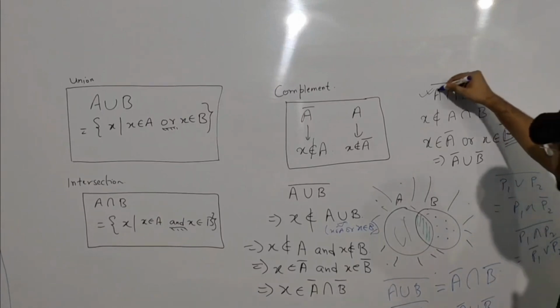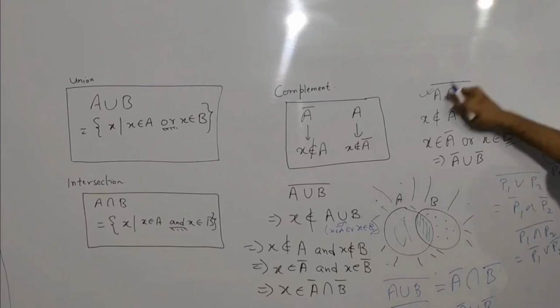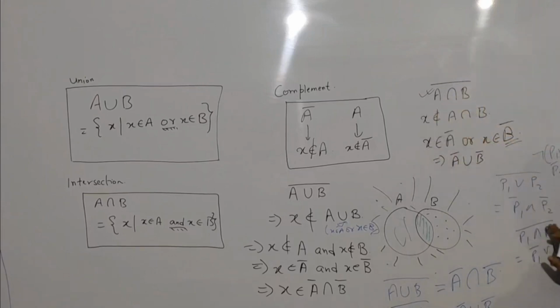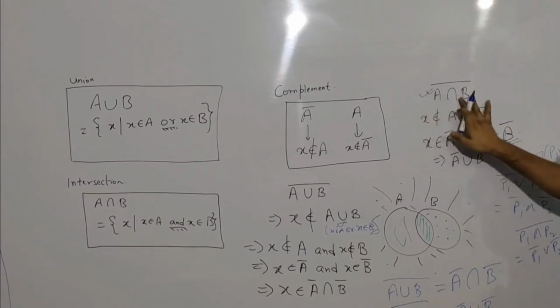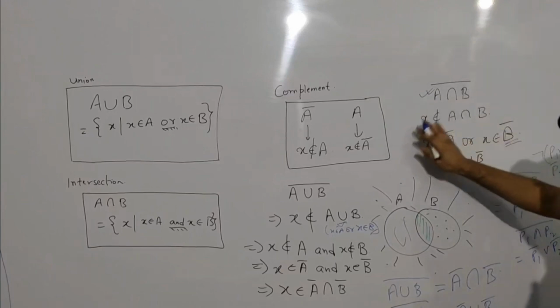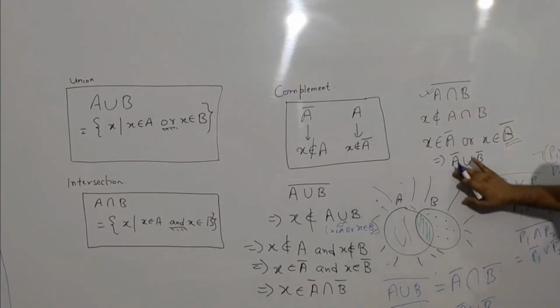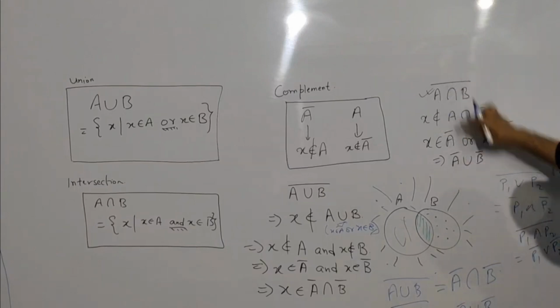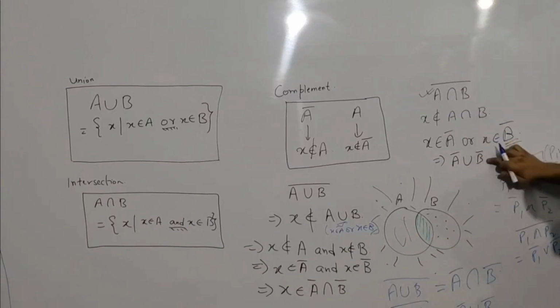You have A intersection B. In place of propositions P1 and P2, you have two sets, A and B. So A intersection B complement: the result is set complement, and intersection becomes union.